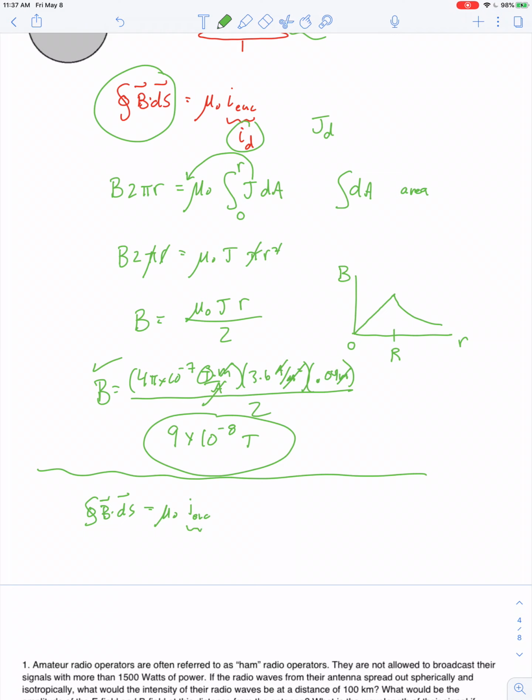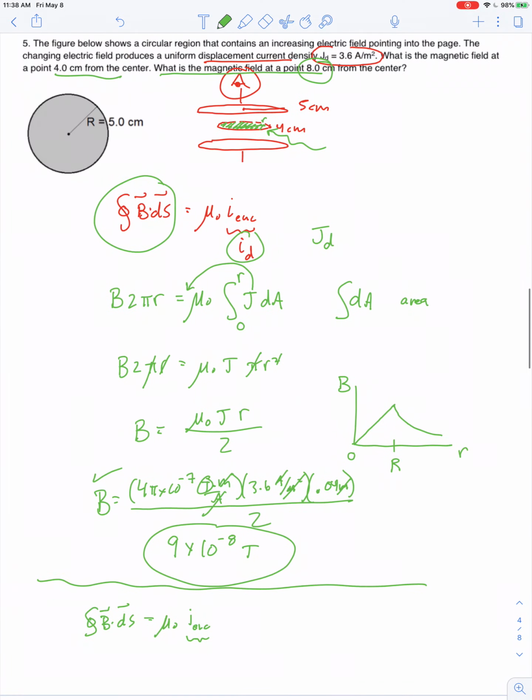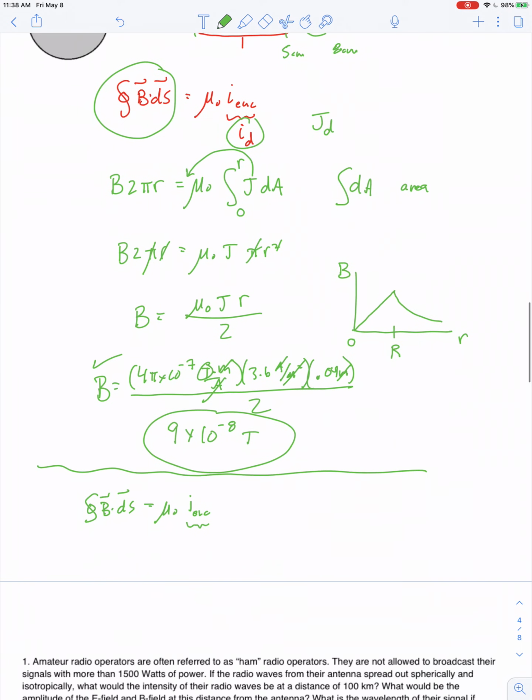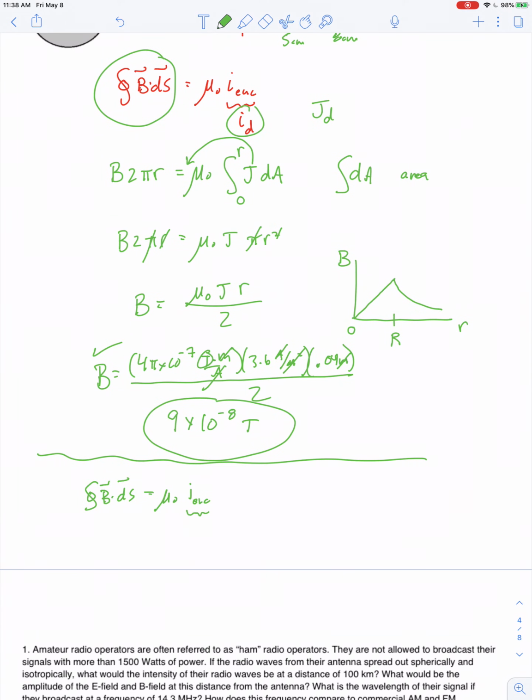The amount of current that's enclosed, there's only displacement current out to the edge. Beyond there, from 5 centimeters out to 8 centimeters, there's no more displacement current. So the left side of the equation is obviously just going to be B times 2 pi r.